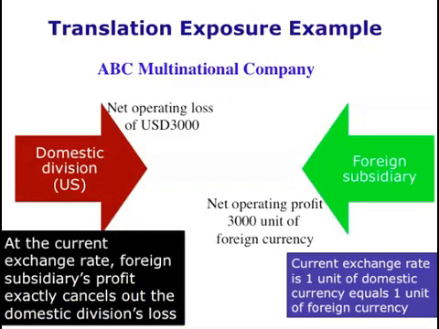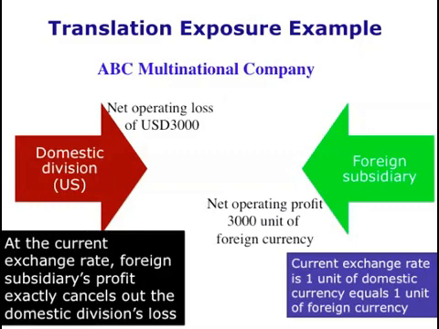So when we prepare a consolidated financial statement, this is going to happen. Even though the domestic divisions experience a net operating loss, after you take into account the profit from your foreign subsidiary, the profit cancels out the loss.